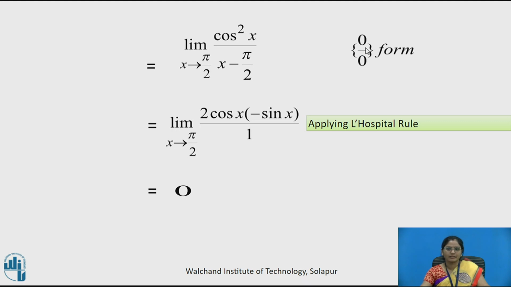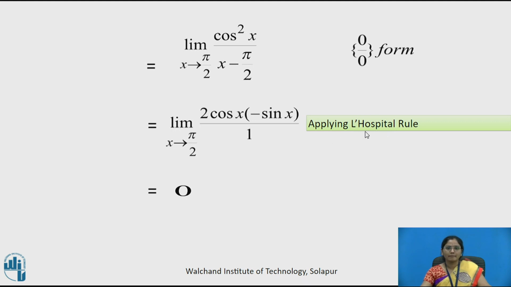Now in the denominator, pi by 2 minus pi by 2, again you are getting 0. That means after substituting the limit into this function, you are getting 0 by 0 form, that is indeterminate form. To evaluate the limit of indeterminate form, we are going to use L'Hospital rule.